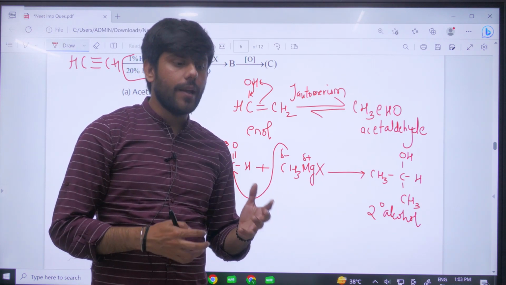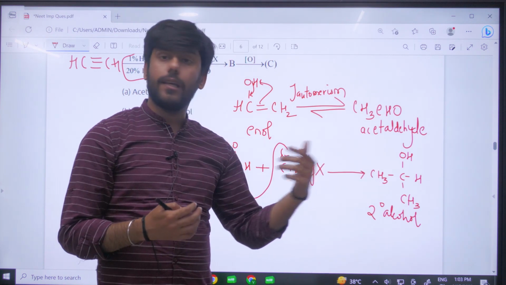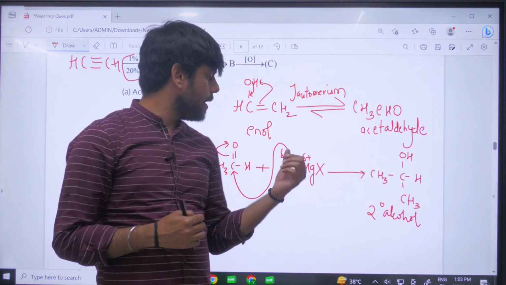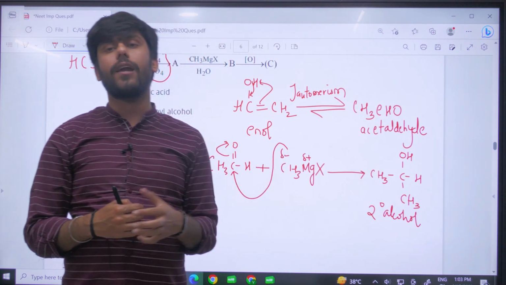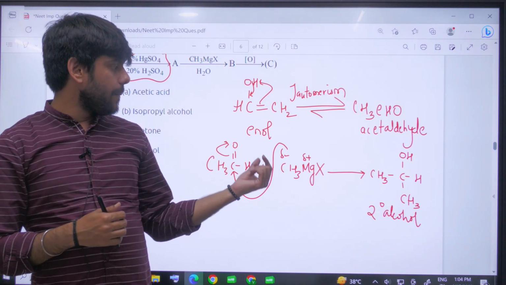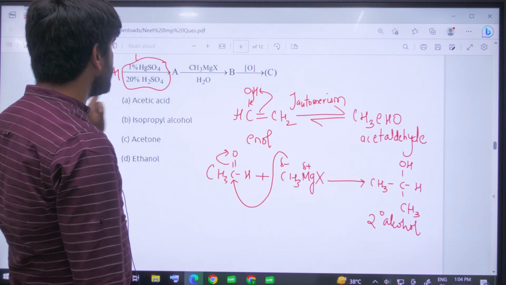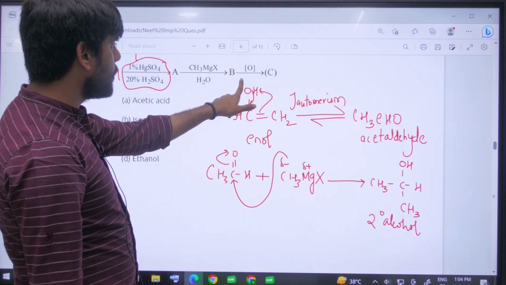If it would have been formaldehyde, that would have given you the 1 degree alcohol. And in the case of ketones, when they react with the Grignard reagent, you end up getting the 3 degree alcohol, right?